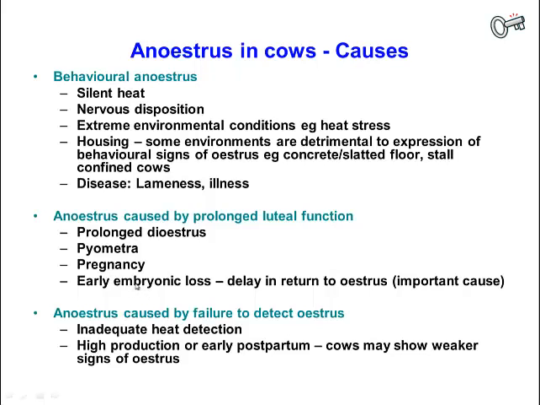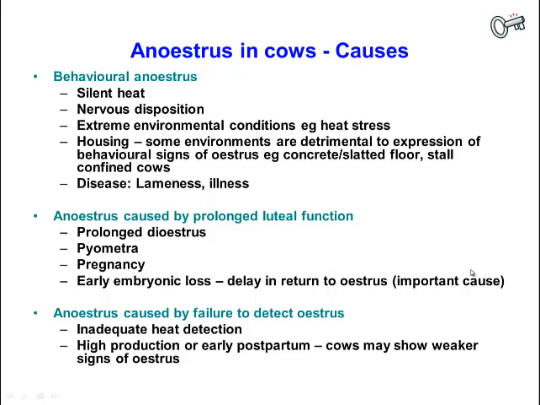If the cow is actually pregnant and subsequently undergoes early embryonic loss, the corpus luteum will be present while the cow is pregnant, and then as that embryo dies and the uterus clears the embryo, only then will they be able to show signs of heat as progesterone levels fall back to baseline levels.